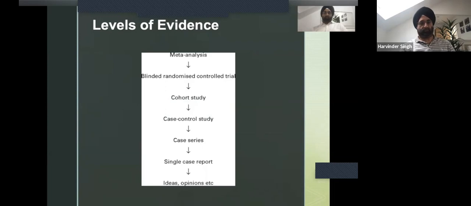A cohort study is a prospective study in a population which is studied over time, where the disease has not occurred, but we study the patient's risk factors over time to see whether they develop that disease. Or a retrospective study, again an observational study like case control. You have case series or single case reports or ideas or opinions, which is level 4 evidence.